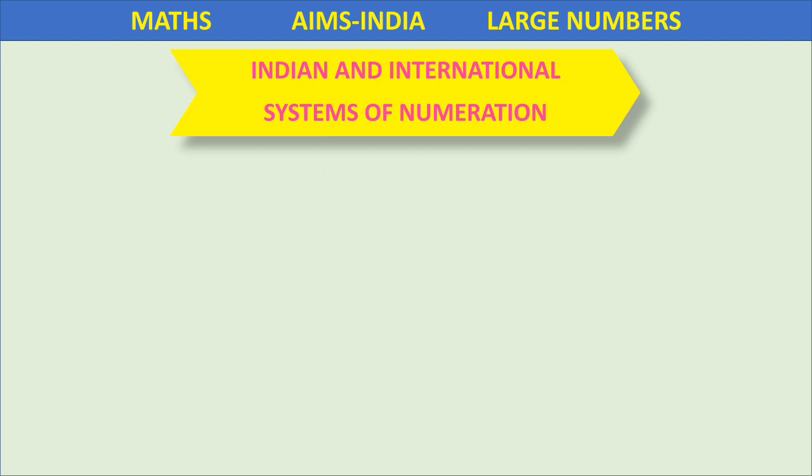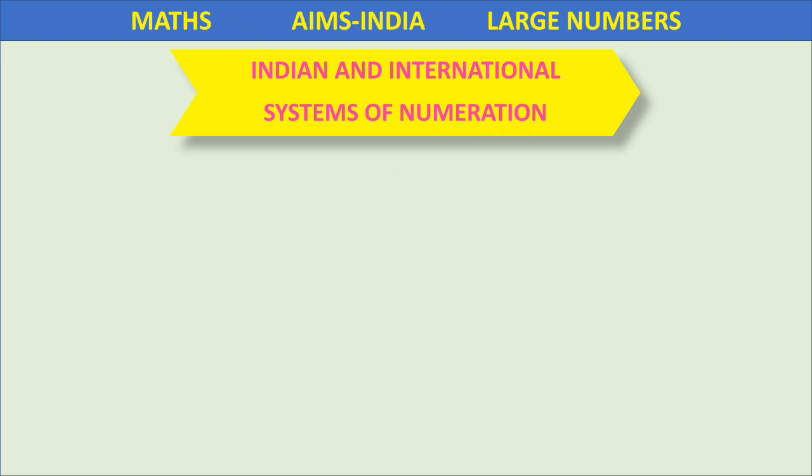So, system of numeration means the place value chart we use. We use a place value chart, right? Yes, we use a place value chart. And the place values we use in our country, in India, is known as the Indian system. Is known as what? Is known as the Indian system.